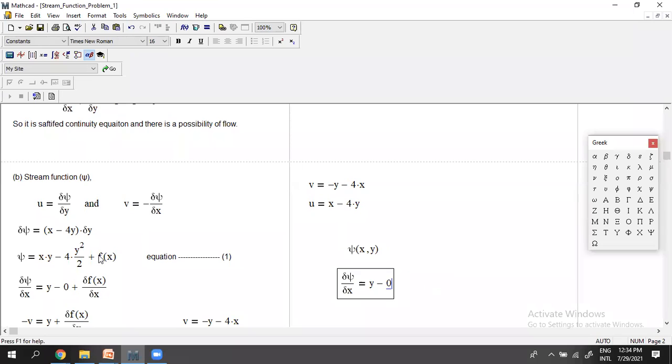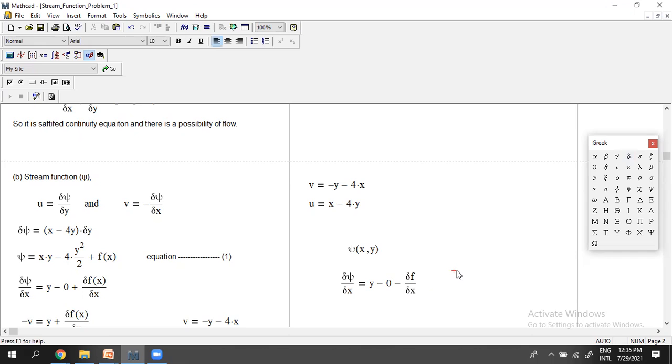And what about this term? This term will be the derivative of a function, right? That means this will be minus del f divided by del x.